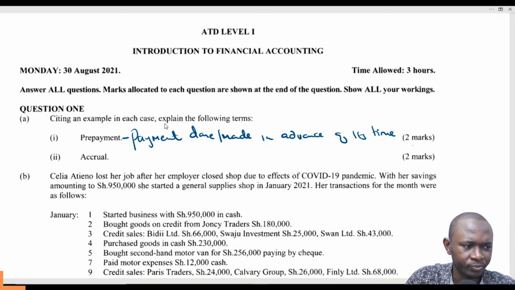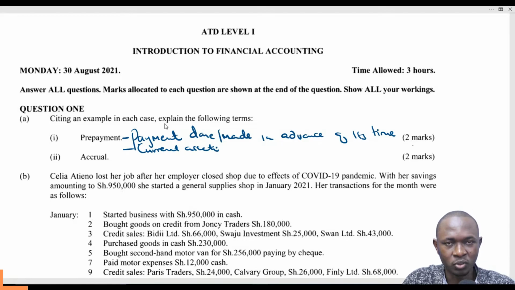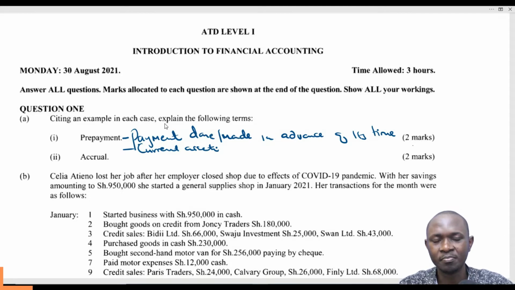Payment made in advance of its time, we call that a prepayment, and it's normally treated as a current asset in the books that show the position of the business as at any given point in time. It's treated as a current asset because that money still belongs to the business, though it has been paid.